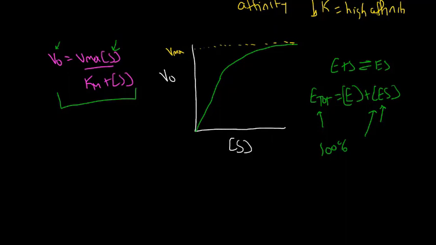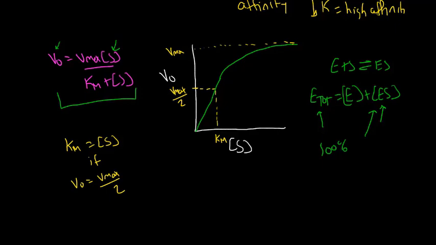From this graph, we can actually also determine our Km. If we go down to a point on our y-axis where the velocity is 1/2 of the Vmax, at this point, the concentration of substrate is the Km. So Km equals the concentration of substrate if V naught equals Vmax divided by 2.